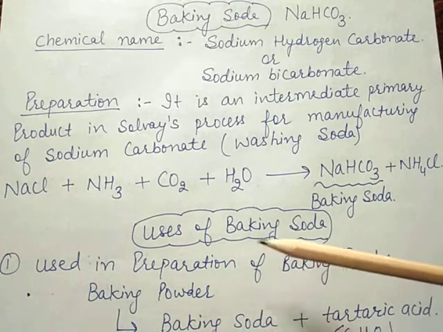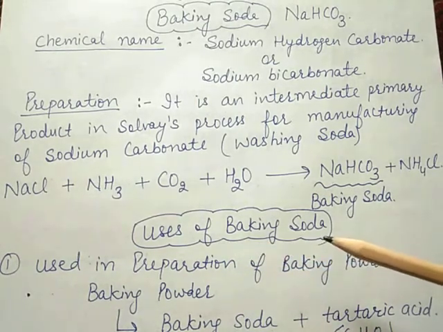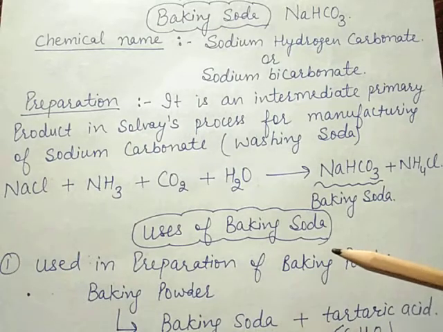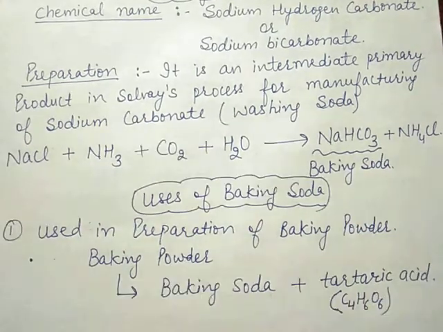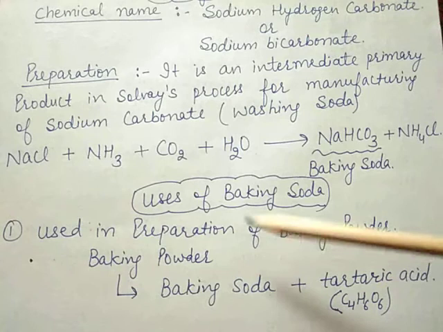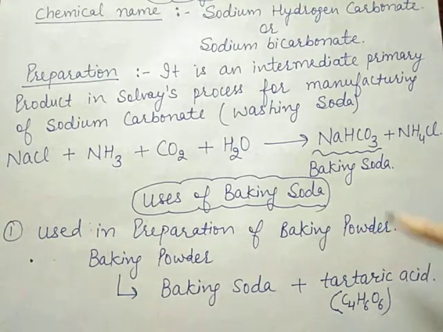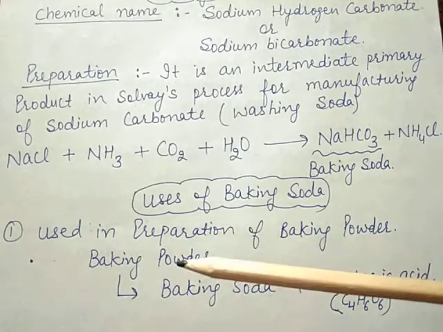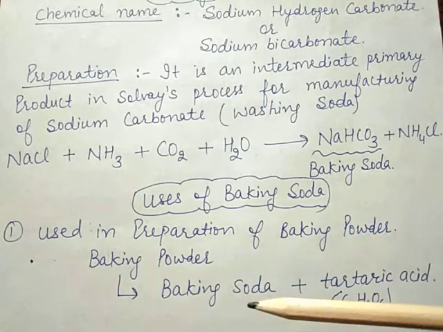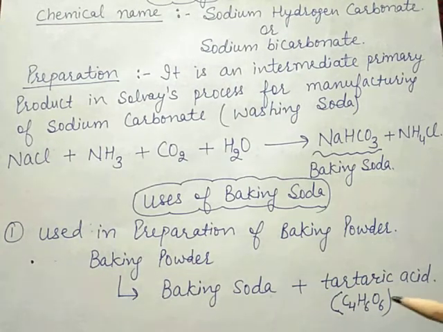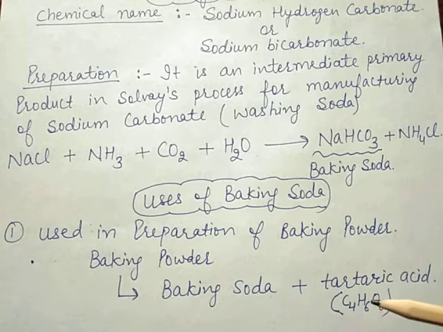What are the uses of baking soda? Baking soda is easily available in our home. Use number 1: it is used in the preparation of baking powder. Baking powder is made up of baking soda plus tartaric acid, having formula C4H6O6.